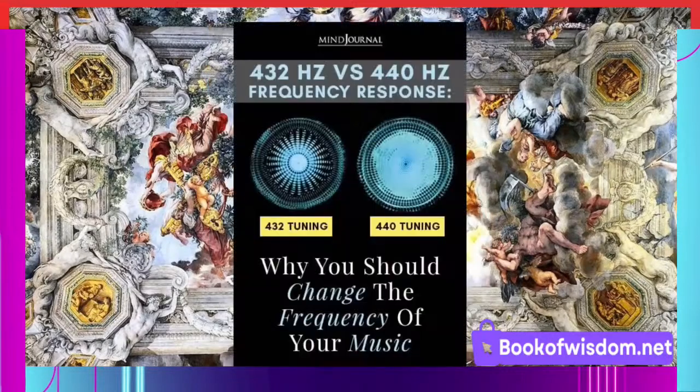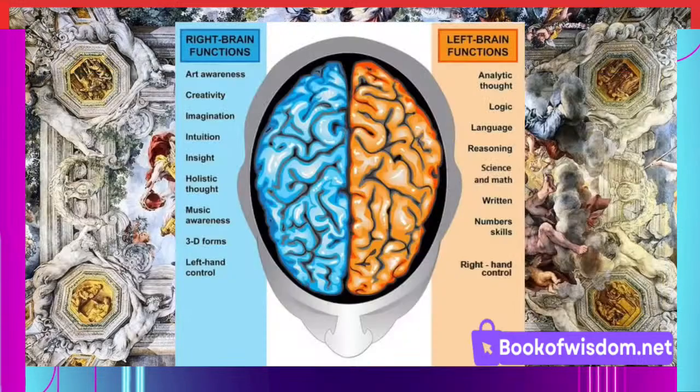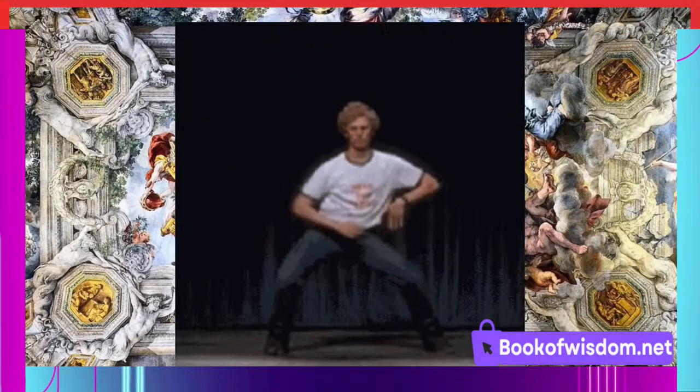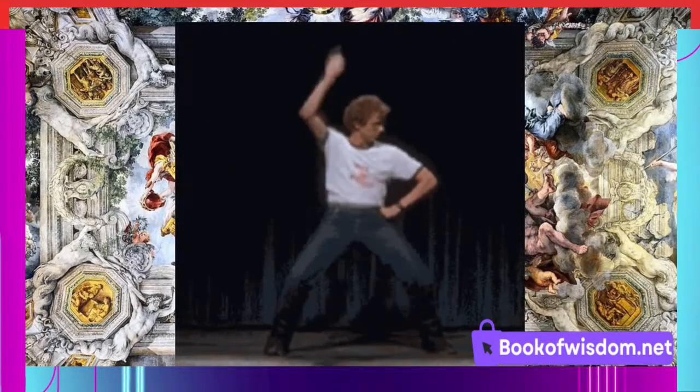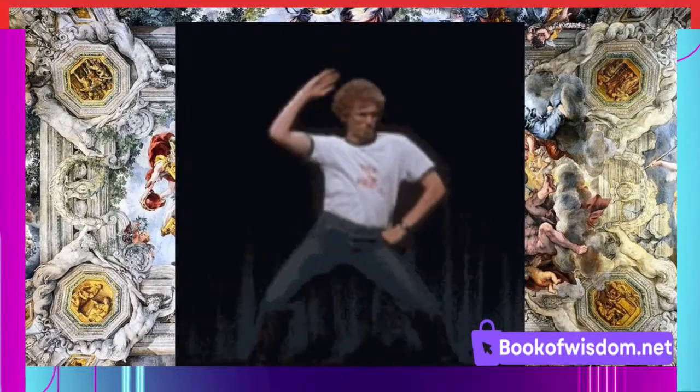The frequency on Spotify and all major platforms are all tuned to 440 Hz, which was set by the Rockefellers. 440 Hz turns off the whole right side of your brain, and the right side of your brain is to do with critical thinking, imagination, and your intuition. Music has the ability to influence your intent, your emotions, your thoughts, and your actions just by frequency itself.